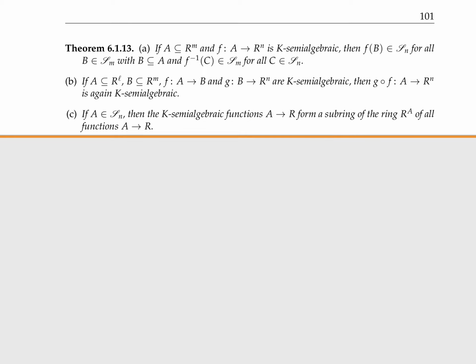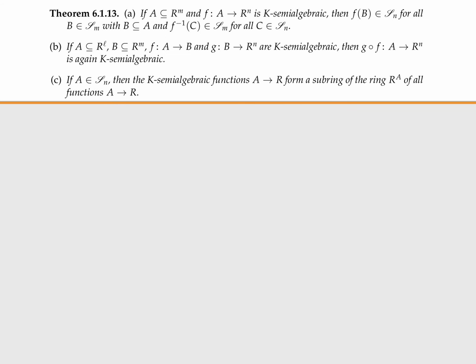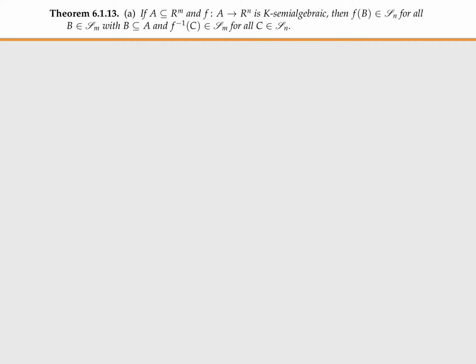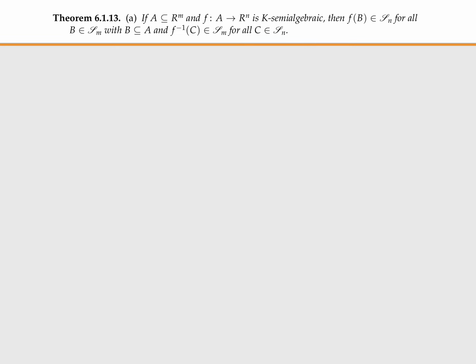So the first part is: if F is a K-semi-algebraic map, right, defined on some subset A of R2M and going into R2n, then images of K semi-algebraic sets are K semi-algebraic under this map, and pre-images as well.